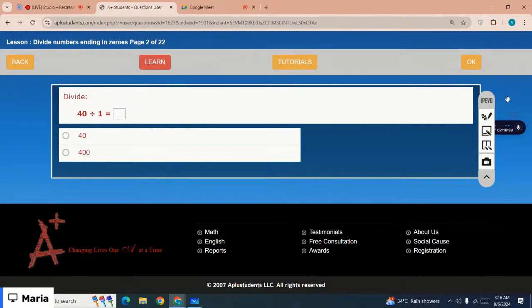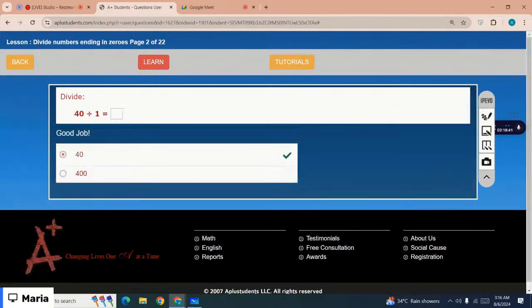Any number divided by 1 is exactly the same number. So 40 divided by 1 is 40.